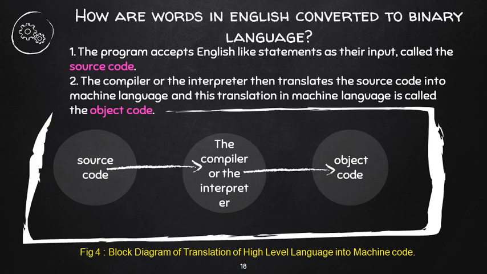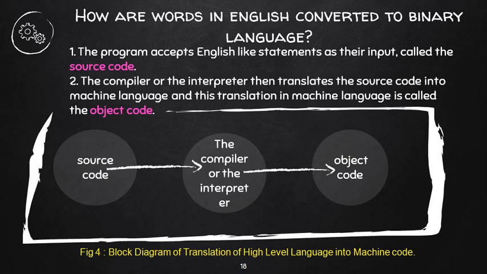The first step would be the program accepts English like statements as their input, called source code, and then the compiler, which we have already discussed, or it could be an interpreter. These two are software programs which translate the source code into machine language, and this translation in machine language is called object code.